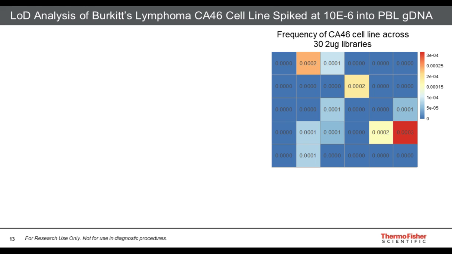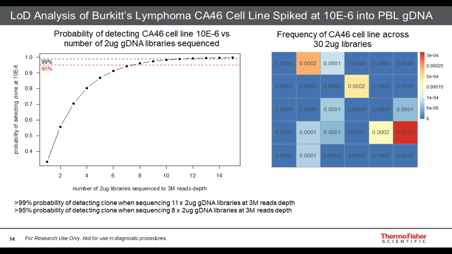And from this data, you can back calculate the number of libraries needed to obtain 95% or 99% probability of detection at 10 to the negative 6. And this fits very closely with what others have observed in the field. So this really highlights the reason why the field has been gravitating towards immune repertoire sequencing for the rare clone detection application.